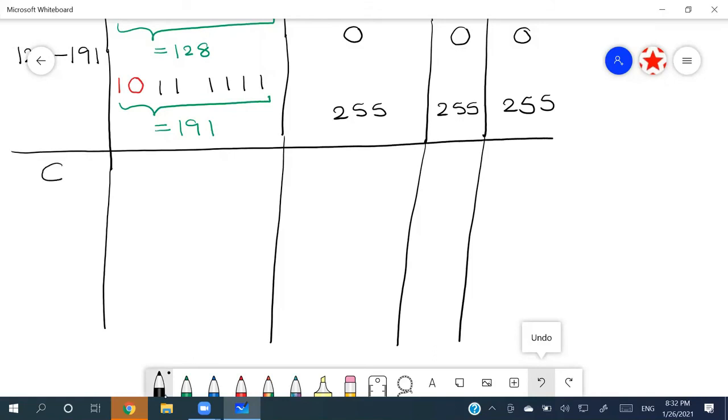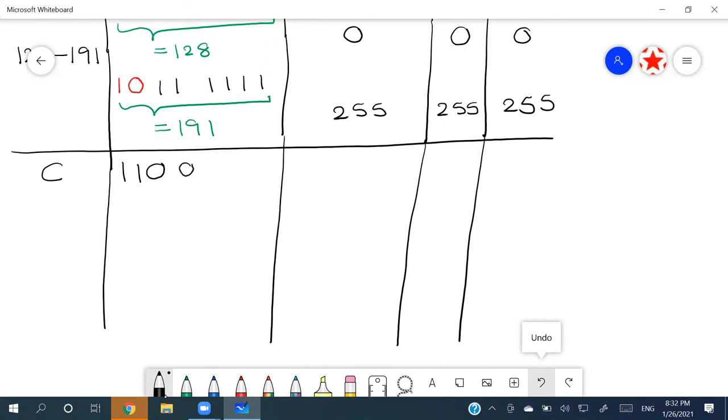So class C is going to be like this. It has 3 leading bits, 1, 1, and 0. The rest of the bits can be changed.